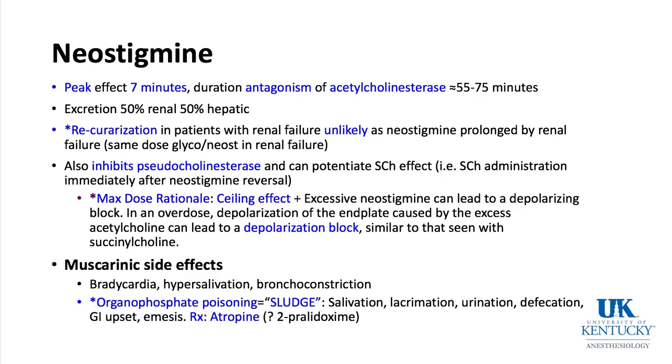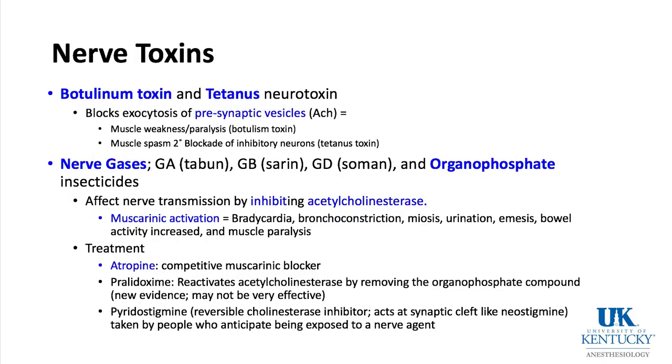Organophosphate poisoning causes the classic SLUDGE findings, SLUDGE being salivation, lacrimation, urination, defecation, GI upset, and emesis. Organophosphate poisoning would be that classic farmer working with insecticides who has bradycardia and is salivating and wheezing all over the place, and you give them atropine to block it.